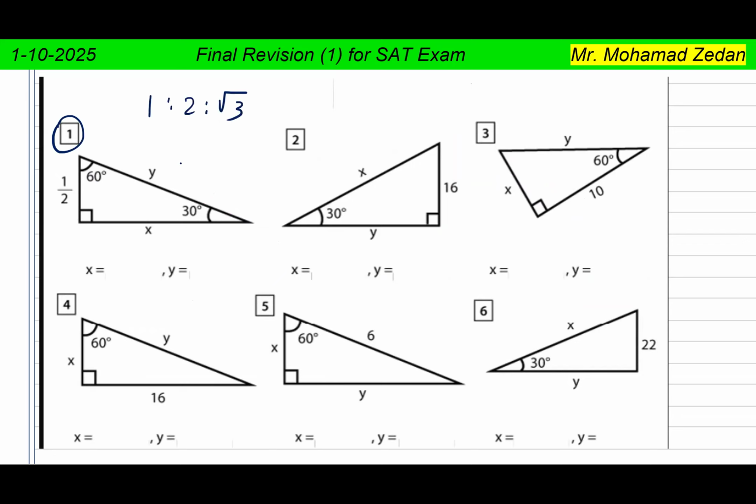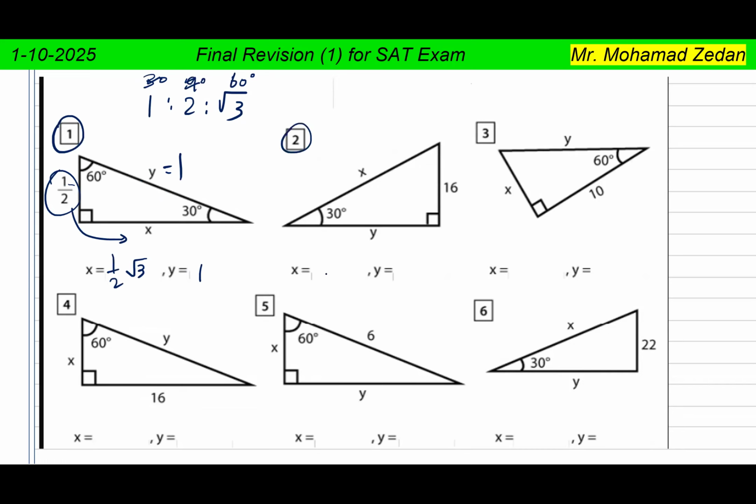This is the ratio between the shortest side, 1, the biggest side, the hypotenuse, 2, and radical 3, which is the side opposite to the angle of measure 60. This is 30, this is 90 degrees. So the y is double the half, which is 1. The x is just half multiplied by radical 3.